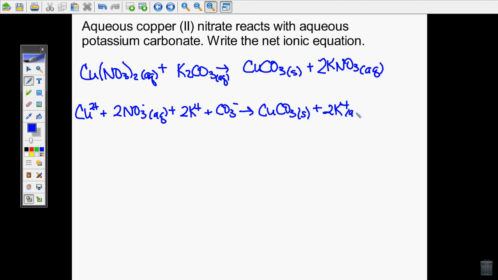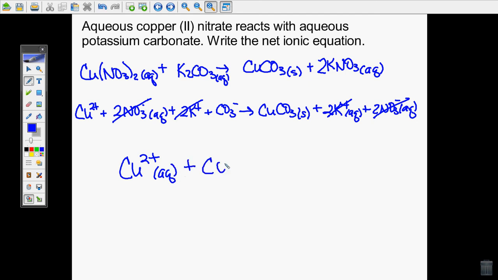Potassium aqueous plus 2 NO3 minus aqueous. And I cancel out my spectator ions, so I have my nitrates and my potassiums, and I write my net ionic. Copper 2 plus aqueous plus CO3 2 minus aqueous gives copper carbonate solid.